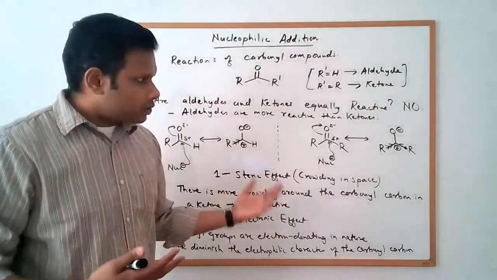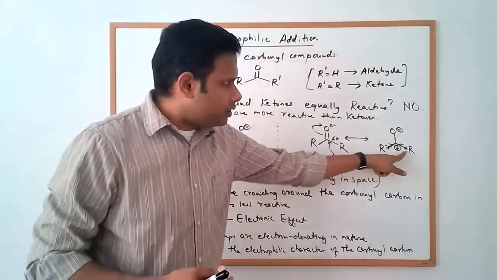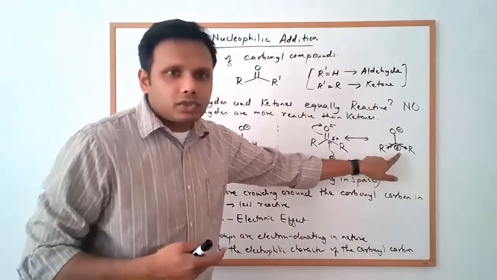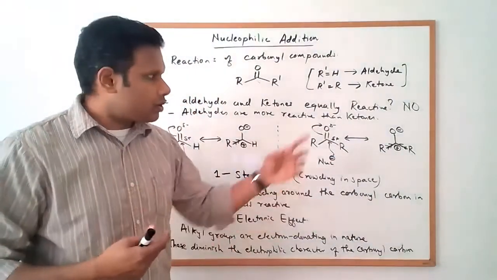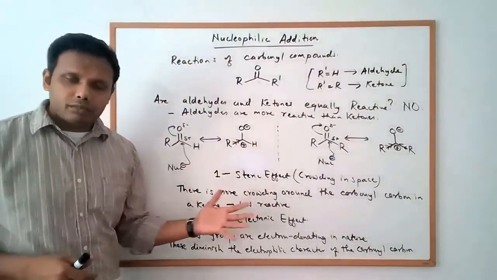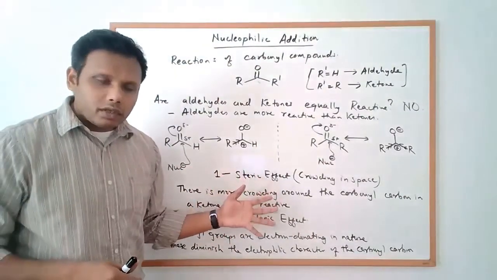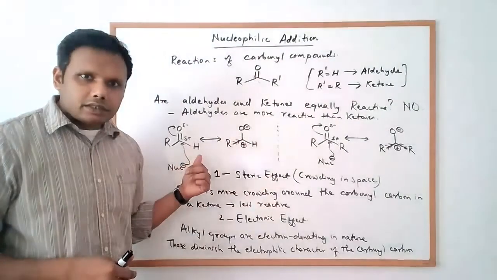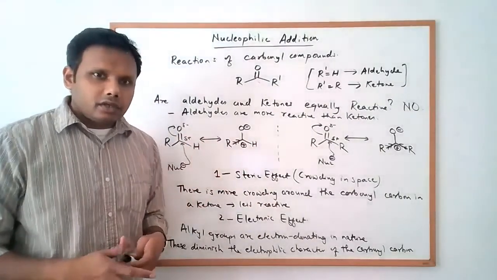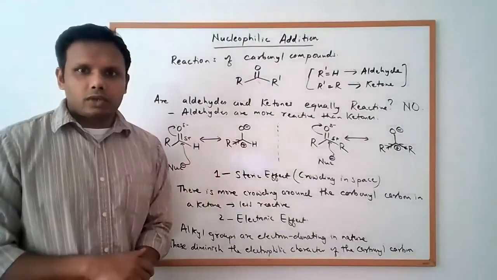The second is an electronic effect where the presence of these two alkyl groups, they diminish the positive charge or the electrophilic nature of that carbonyl carbon. And so when these are combined, they both work in favor of the aldehydes. So the aldehydes turn out to be more reactive than their ketone counterparts.